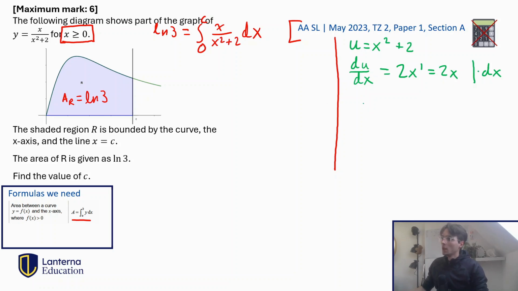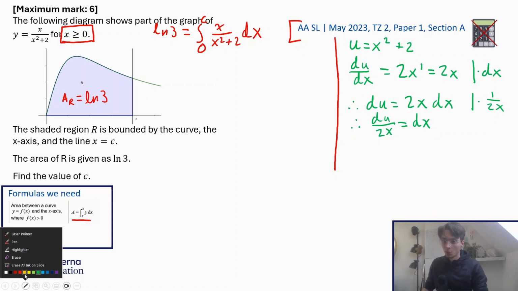Okay. Then, if I multiply dx through by everything, I will get du equals 2x dx. But I want just dx on its own, so I need to divide by 2x on both sides. So again, I'll do my line and I'll say, well, multiplying by 1 over 2x is the same as dividing by 2x. And then finally I get that du divided by 2x equals dx. Lovely.